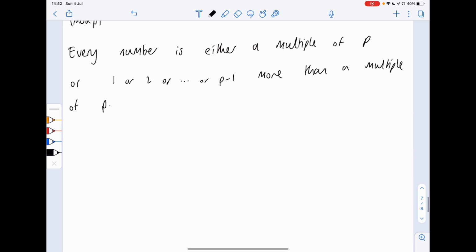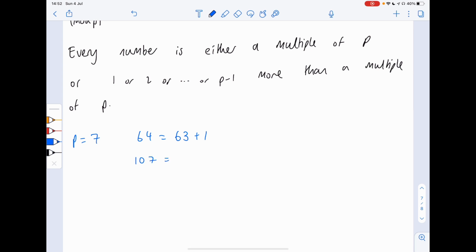So let's take some examples in a different colour. If p is 7, so for example, 64 is 63 plus 1, which is 9 times 7 plus 1. Right, so it's 1 more than a multiple of 7.